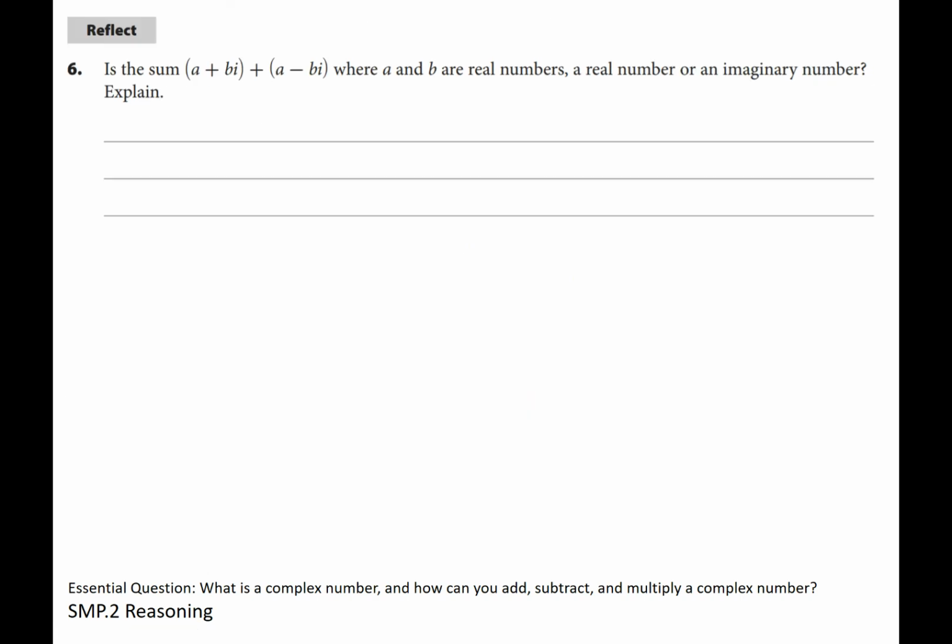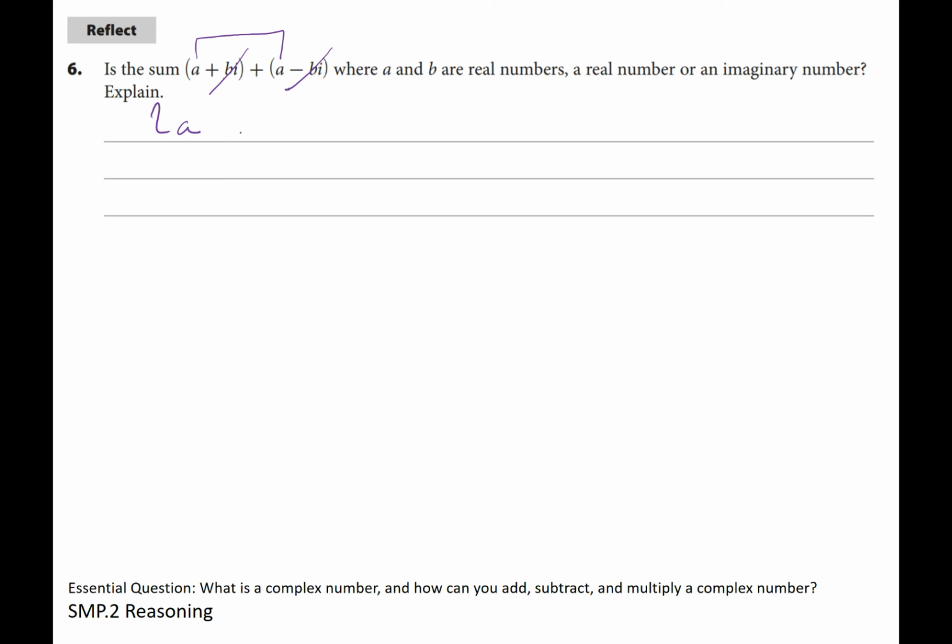Okay, they want us to reflect a little bit. So is the sum of a plus bi plus a minus bi, where a and b are real numbers, a real number or an imaginary number? So let's just add them up and see what happens. So we know that a plus a would be 2a, and bi minus bi, wouldn't those cancel? So we only have the real part.